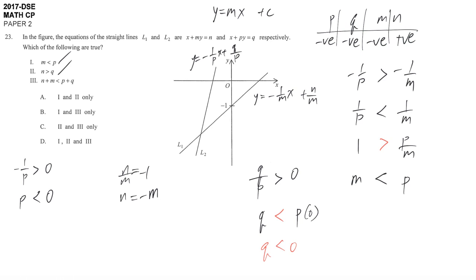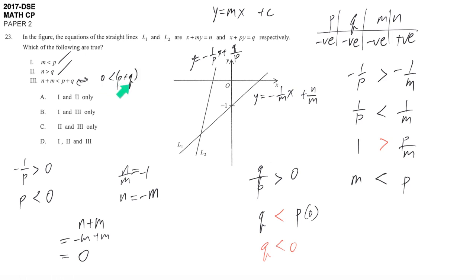The last one is about N plus M compared with P plus Q. N plus M, because we know about this one, that means this is negative M plus M is 0. That means they are asking you, is P plus Q larger than 0 or smaller than 0?